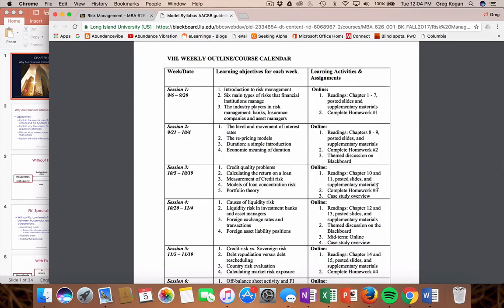What I want to express also is the case study will really be more of a project. This is going to involve us looking at the Green Bank of New York and their portfolio of loans. I'll give you a page-long outline on the project in the next 2 weeks.